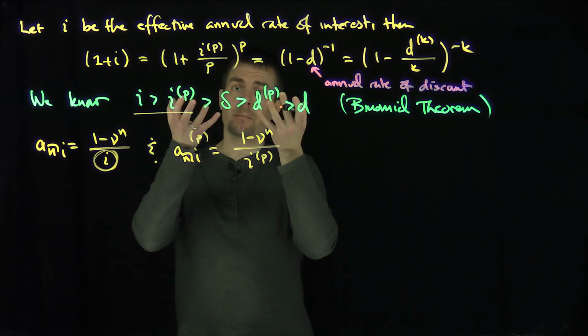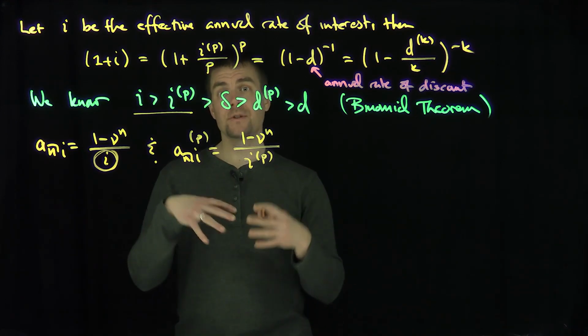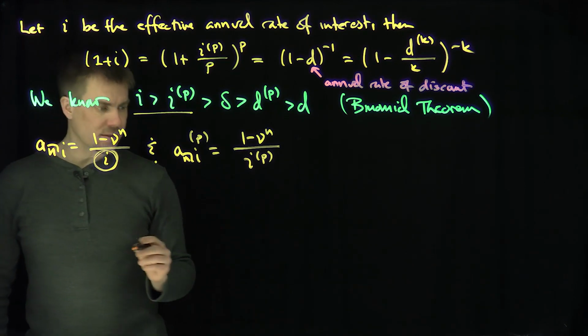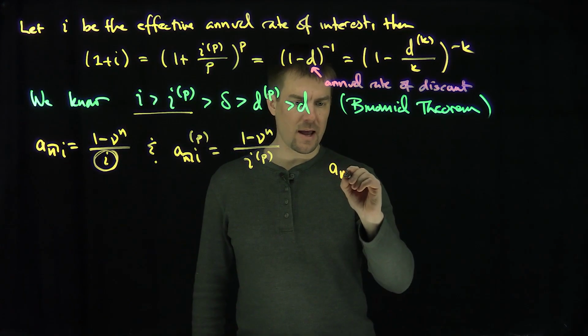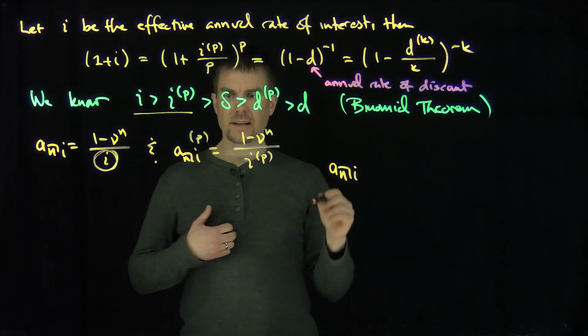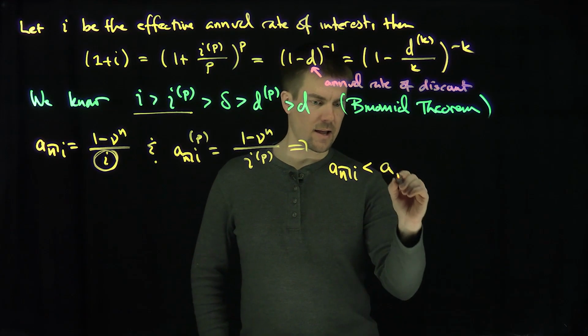If you make the denominator bigger, that makes something smaller. If I have half of a pizza, half is bigger than a millionth of a pizza. So this gives me the first inequality in our string, namely that a angle n at i is less than a angle n at i^(p).